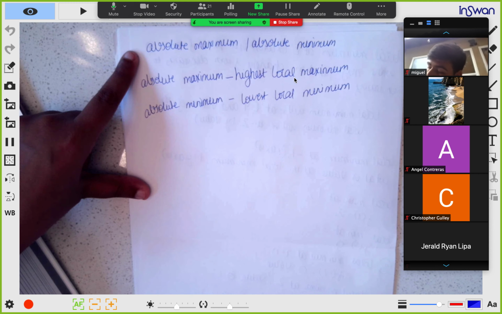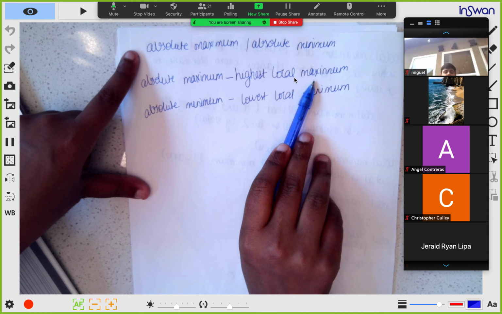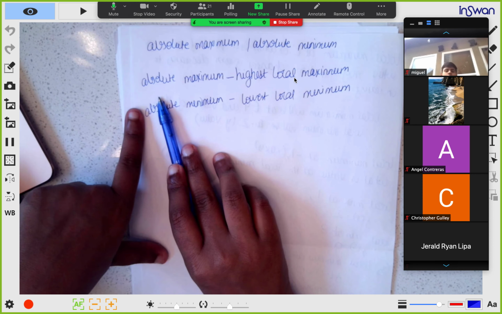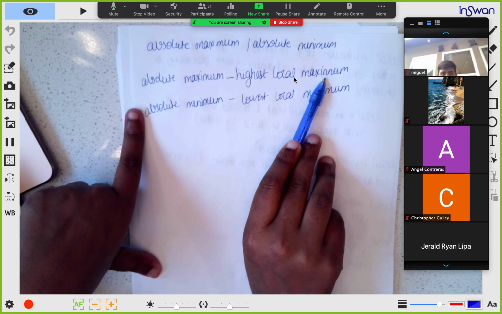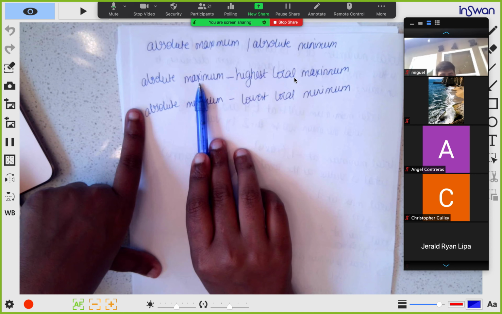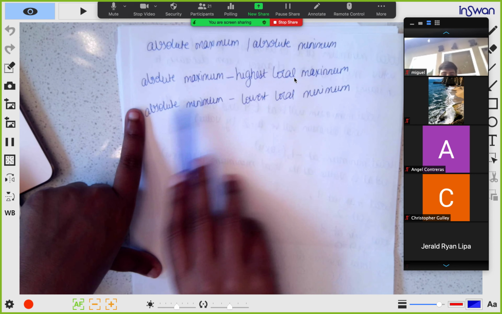Whatever is the highest one will be my absolute maximum, and the lowest local minimum will be my absolute minimum.